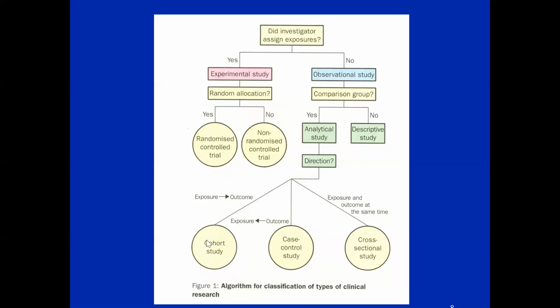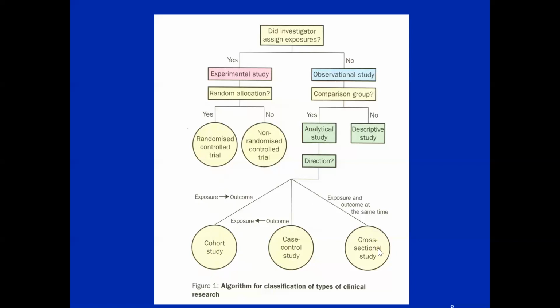But for cohort studies, you start with exposure. Then you look to see if the outcome is going to develop. So that's the difference: in case control you start with your outcome and look for exposures, and in cohorts you start with exposure and follow them up to see if the outcome is going to develop.